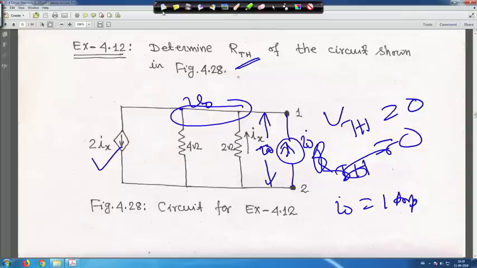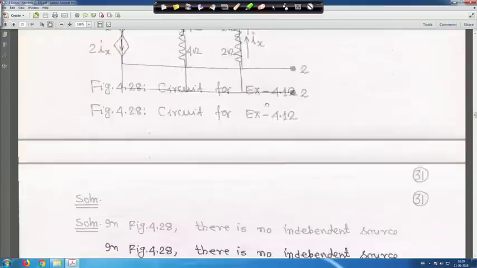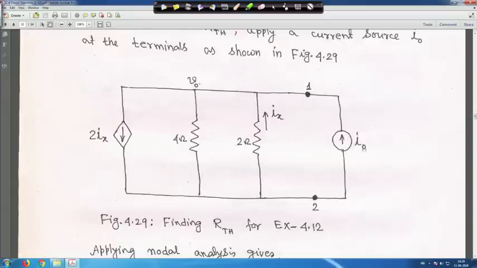So let us go to that equivalent circuit. V Thevenin is 0, and now here we have put a current source, say I0 equal to 1 ampere, and this V0 is something like a nodal analysis.